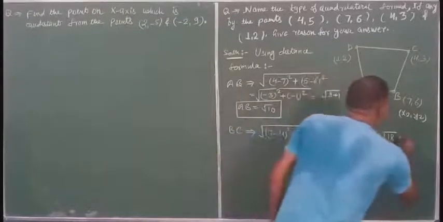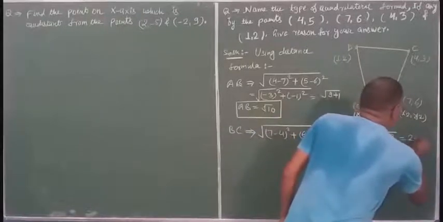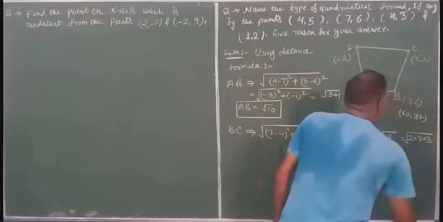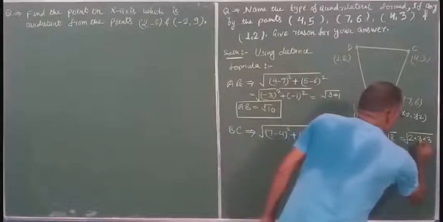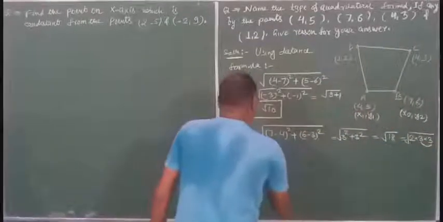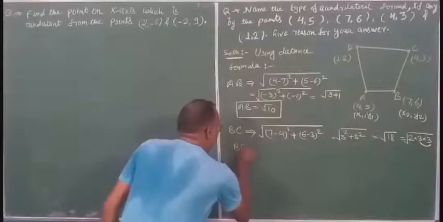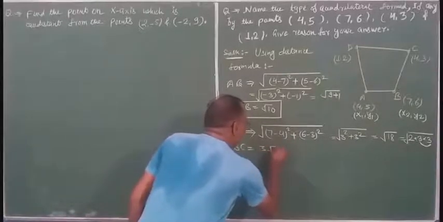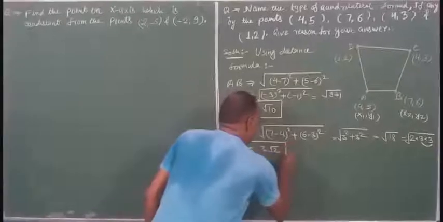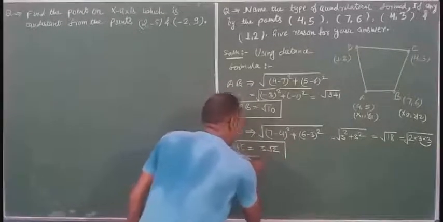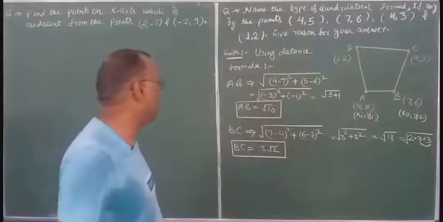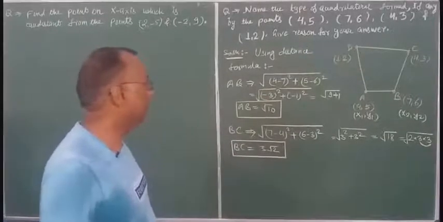Or we can write this as 2 into 3 into 3. The 3 which is in the pair will come outside and we will get BC is equal to 3 under root 2.